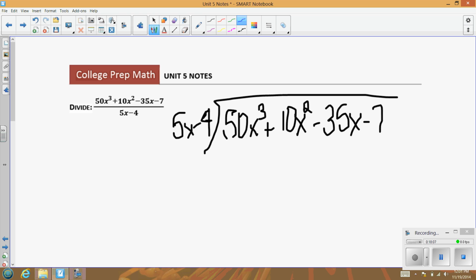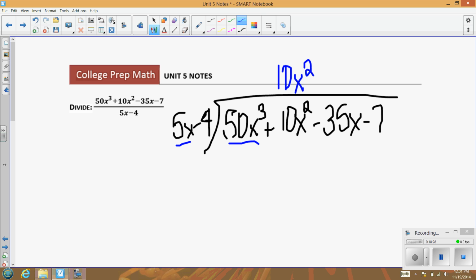So again, just comparing the first terms here. I would have to multiply this by 10x squared to be able to get 50x to the third. So I'm going to do 10x squared. And notice I put it over the second term because I have two terms in the 5x minus 4.